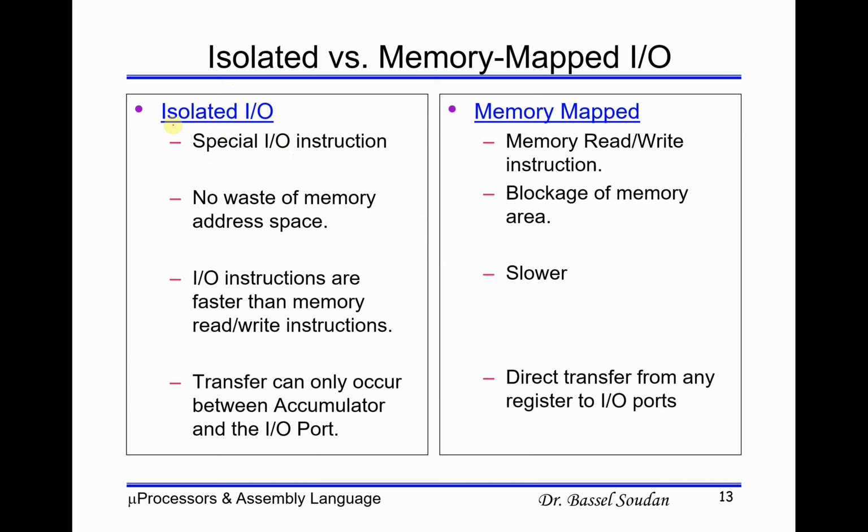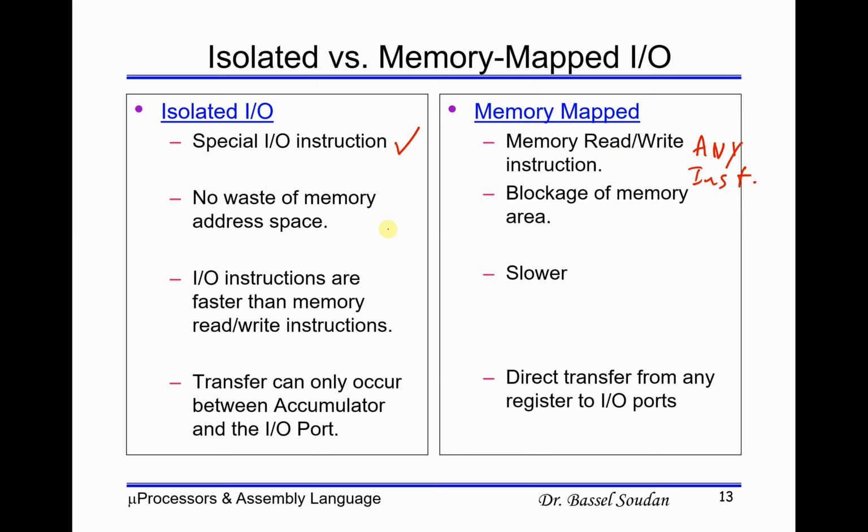Isolated I/O needs special instructions, which are the in and out instructions, while for the memory mapped any data transfer instruction would work. Any instruction will be able to access both the memory and the input output, because here I'm specifying a specific range of addresses for the input output devices. This is the first difference.